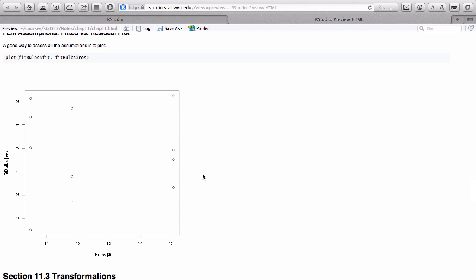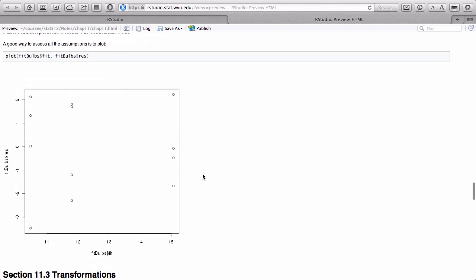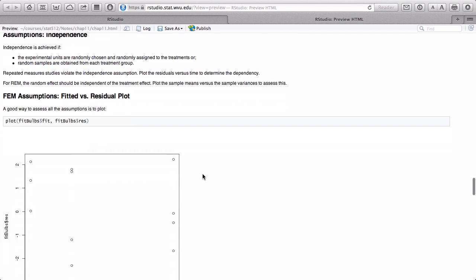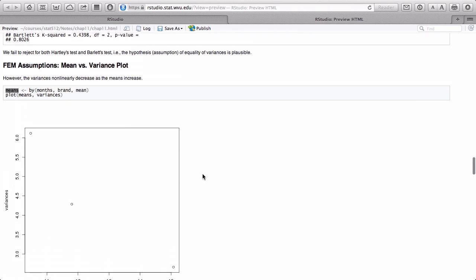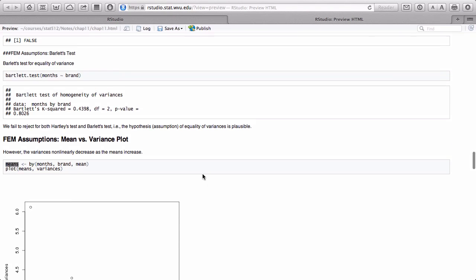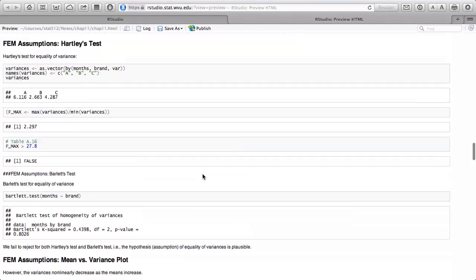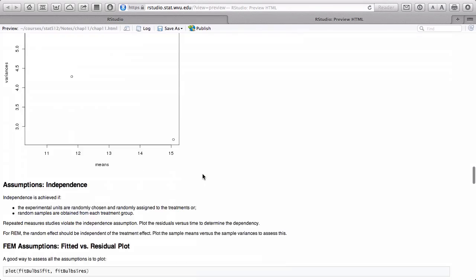So if in fact that's not the case, if they're predominantly above 0 for one group and below 0 for another group, there are various reasons where that could occur. But these are some diagnostics that I'd recommend that you do. They're not hard to do, as you can see. With a few lines of R code, you can easily check these assumptions.